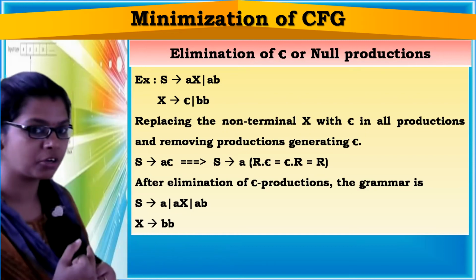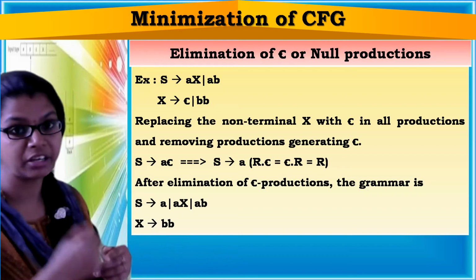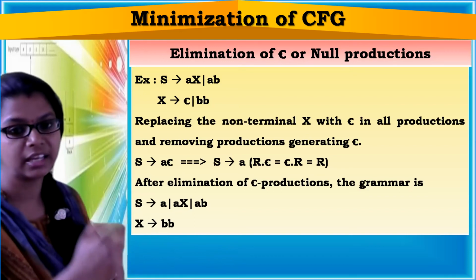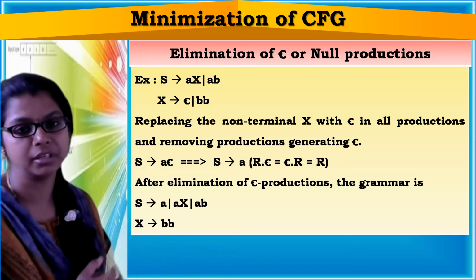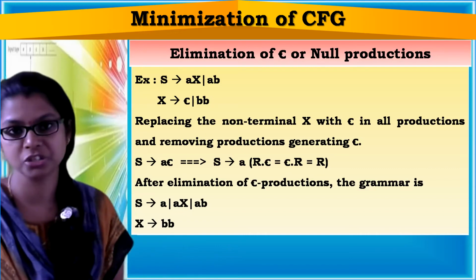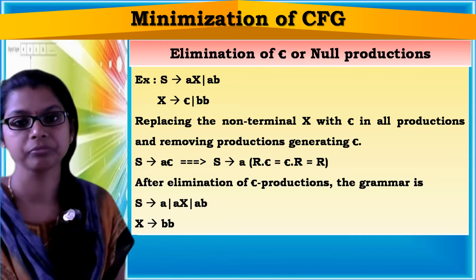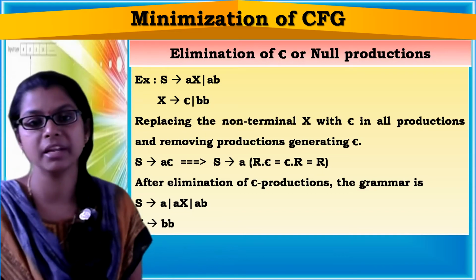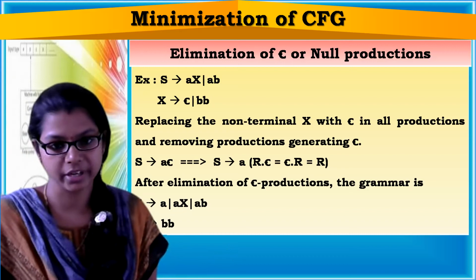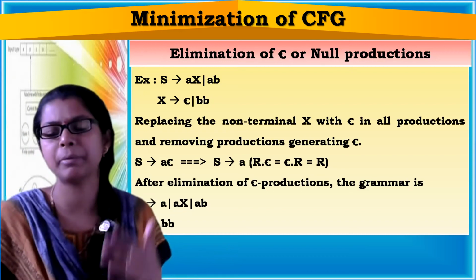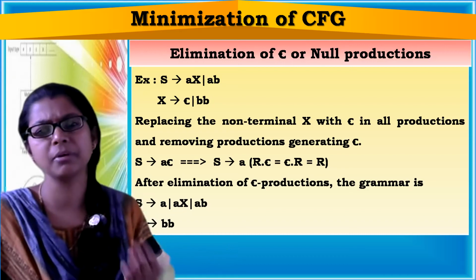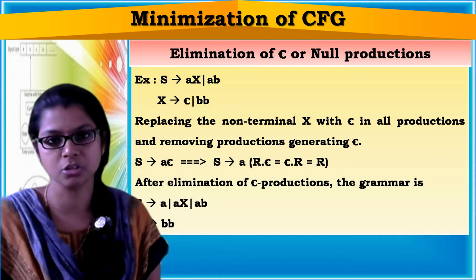So S producing A, when you have replaced X with epsilon, then AX and then AB. These are the three production rules regarding S, and regarding X, X producing AB or BB. In this way, you have to eliminate the epsilon productions, simply by replacing the non-terminal symbol with epsilon.